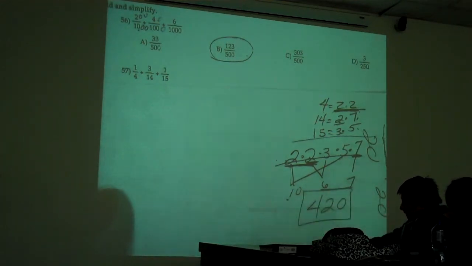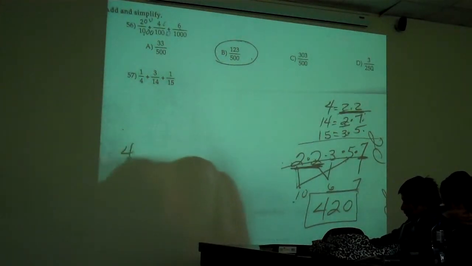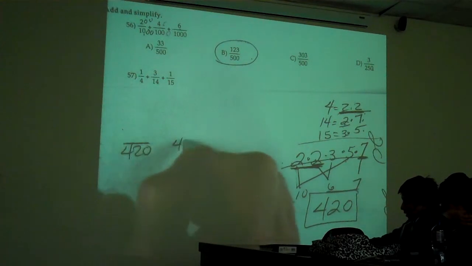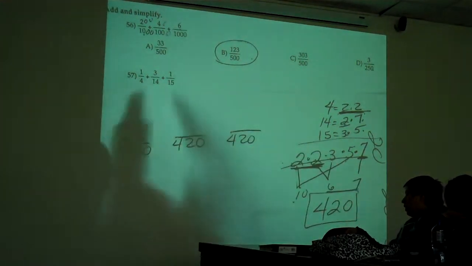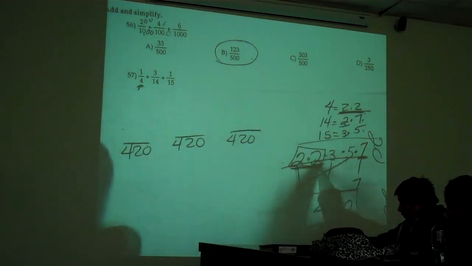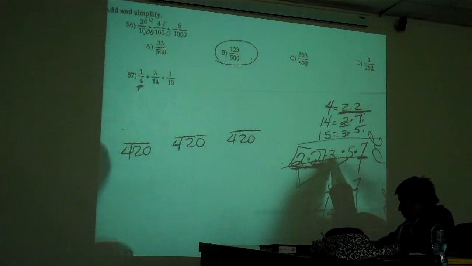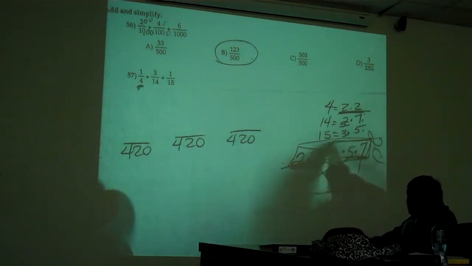But right now, 420, that's our smallest common denominator. So we're going to put 420 for all 3 denominators. Okay, the 4, what did we multiply 4 times? We multiplied it by 35 times 3 to get 420. Does everybody see that? This times 4.